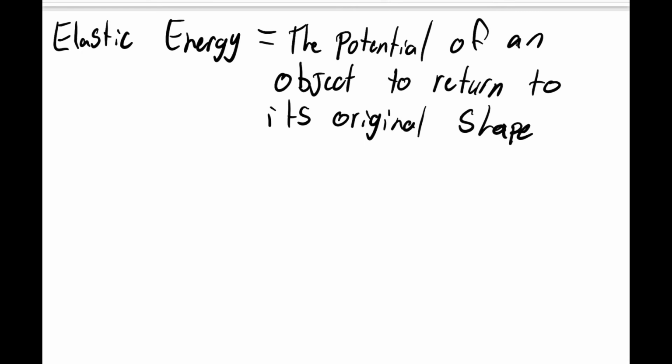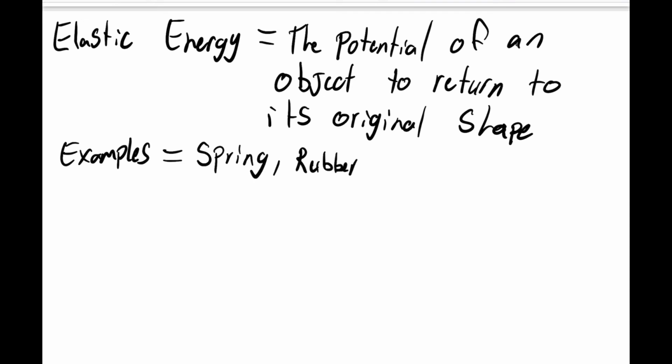Examples would be a spring, like in a trampoline or a mousetrap, or in the shocks of your car. You also have a rubber band, or a bouncy ball, or all sorts of things.